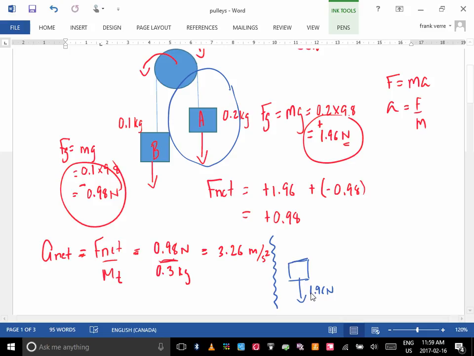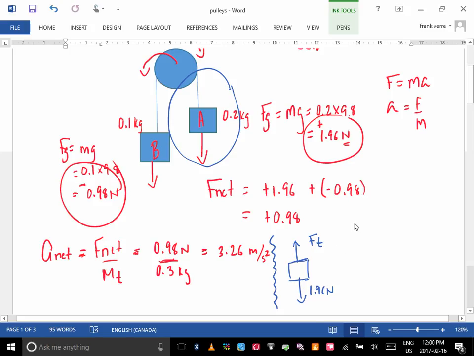So there is a tension that's pointing up, but we don't know what that tension is. We have no idea what that tension is, but we're going to solve it, because we know the block is accelerating with a net acceleration of 3.26 meters per second squared, right?